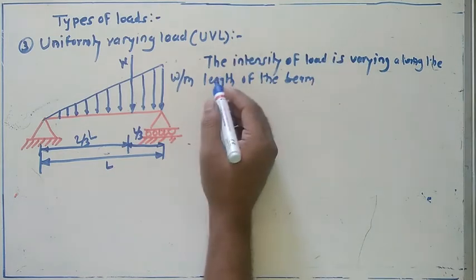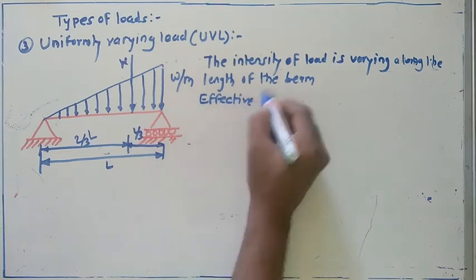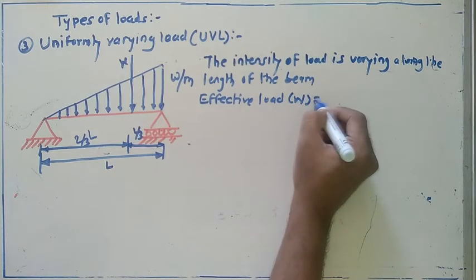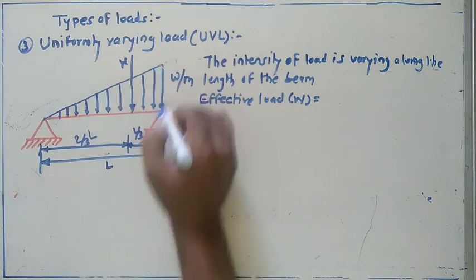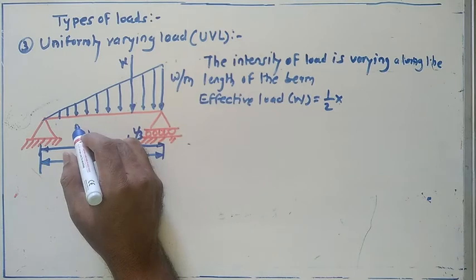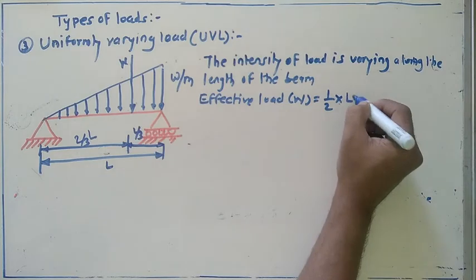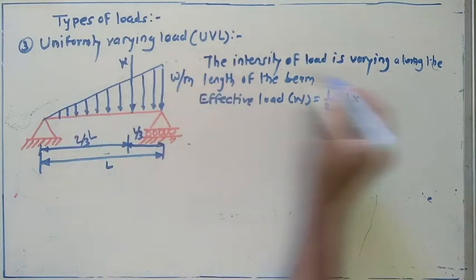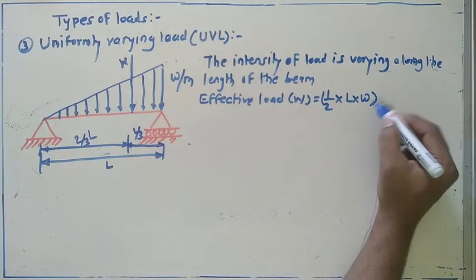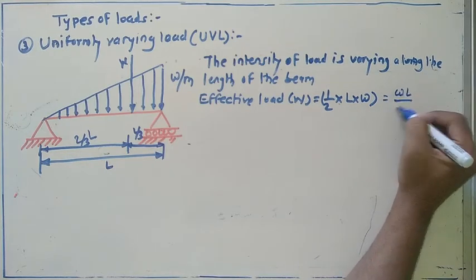So let's see how to get the effective load. Effective load W is nothing but, in short, the area of this triangle. The area of a triangle is 1/2 base multiplied by height. In this case, base is L and height is in terms of W. So in this way, you can get the effective load: 1/2 base means here L, or simply WL by 2.